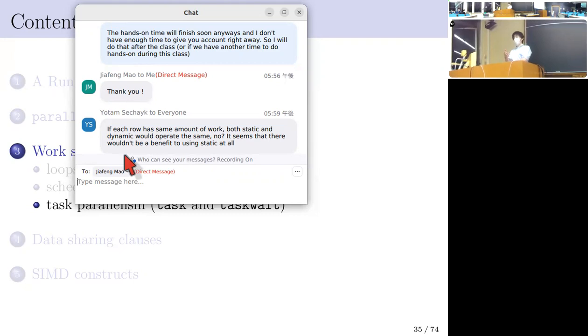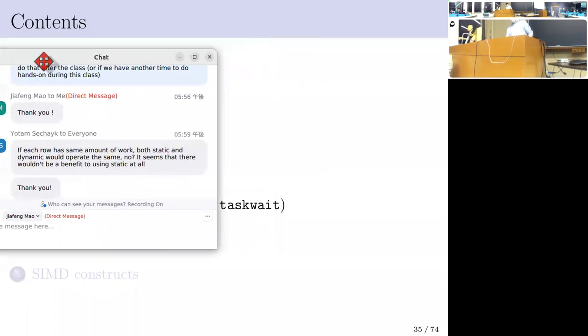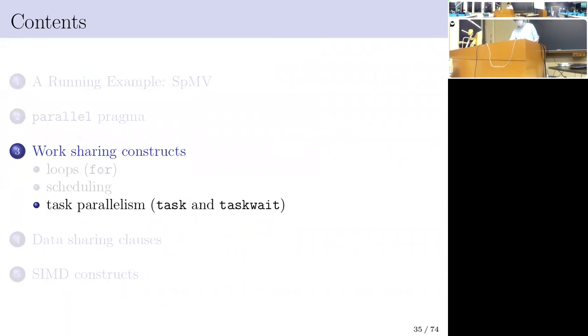Static is very simple and does not require any coordination or communication at runtime, because what each thread needs to work on is completely determined by the number of iterations and the number of threads. Does that make sense? Okay, yes. So if static is known to suffice, then you can go ahead with static and reduce some amount of overhead.